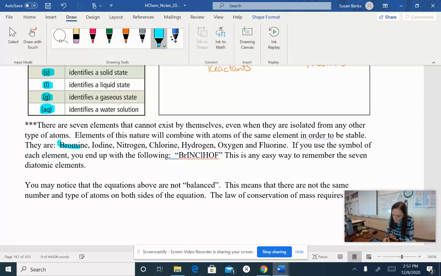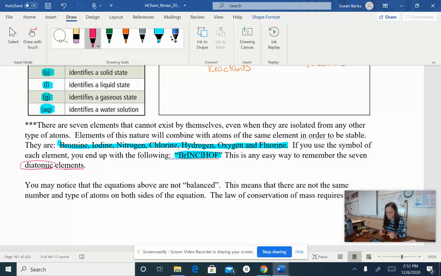They are bromine, iodine, nitrogen, chlorine, hydrogen, oxygen, and fluorine. So when we write them in order like this, it spells the last name Brinkelhoff. Okay? It helps you remember which elements are diatomic. So this is a list of the diatomic elements, meaning they come in groups of 2.